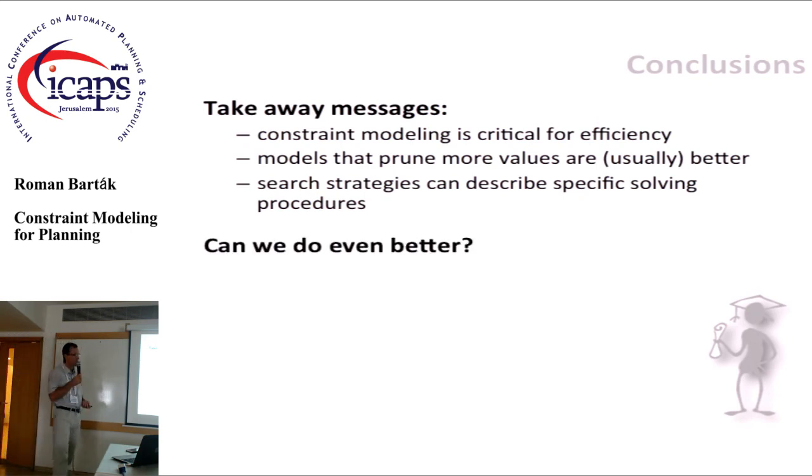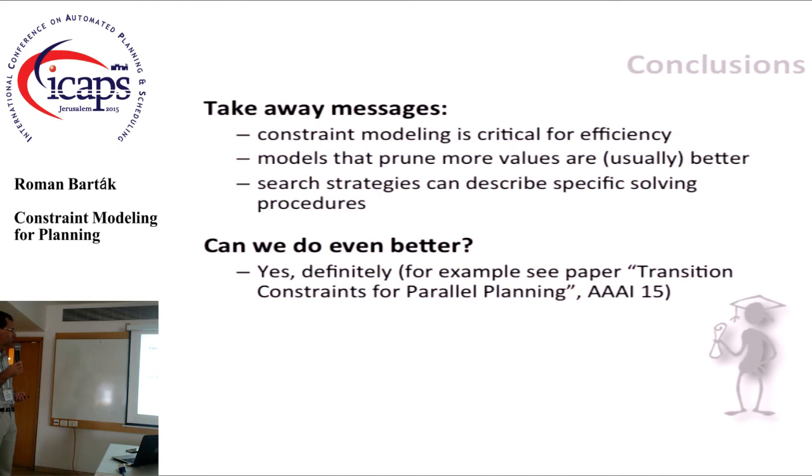Okay, so now the question is, is this really the best model? No more. This year at AAAI, some guys introduced a different model, transition constraints for planning, and I can tell you what they did. I showed you the PUP2. What we did in PUP2 was that we removed state variables and kept just the actions.